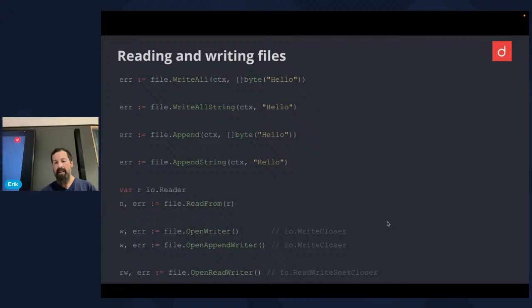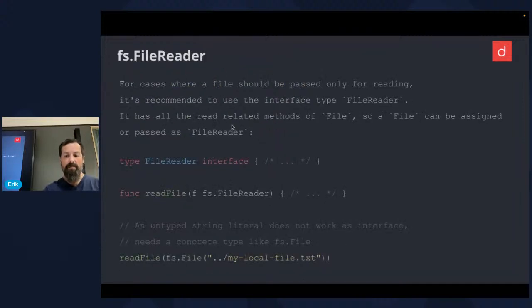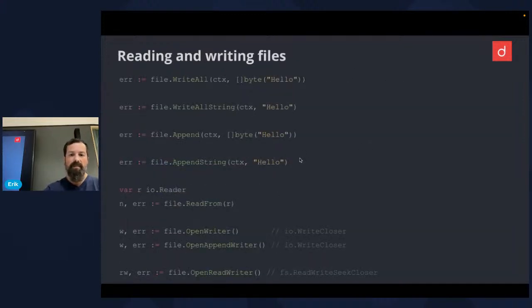So there's the standard library read, write, seek, closer. So something that can do everything: read, write, seek, and close. So that's also implemented here. And yeah, so no rocket science here. It's just a little bit more convenience, most of the time, to use those methods than the standard library.